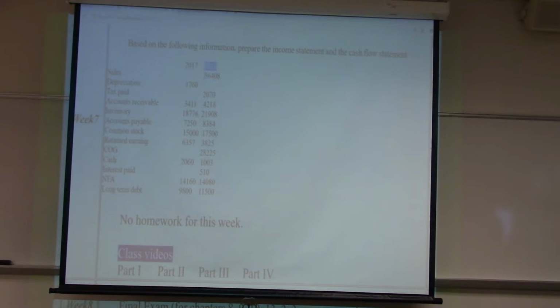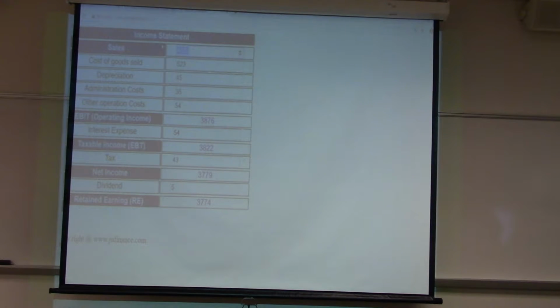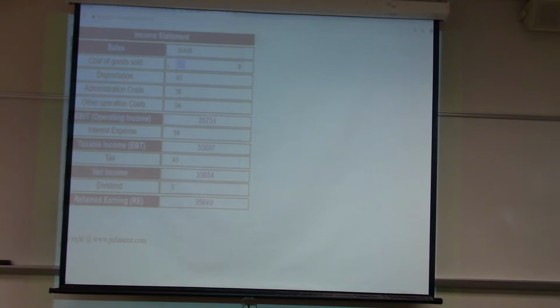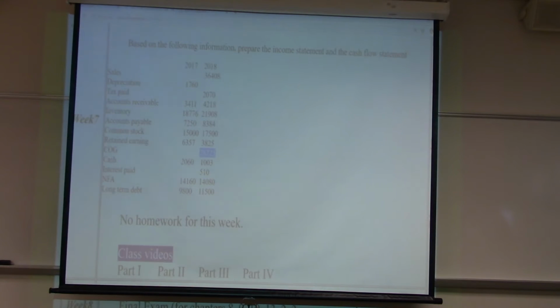Yeah, and you see sales, right? Sales. Cost of goods sold. COGS is cost of goods sold. Yeah, depreciation. Oh, no, I think I should put this to 2018.